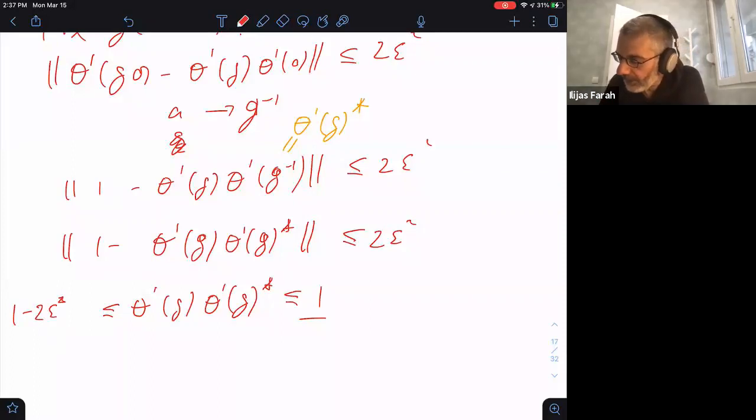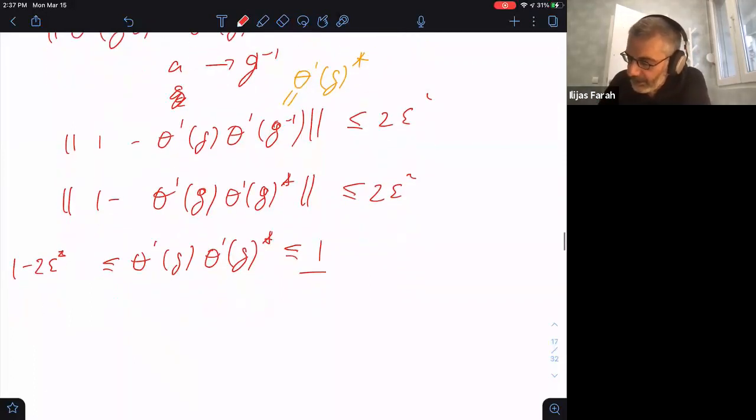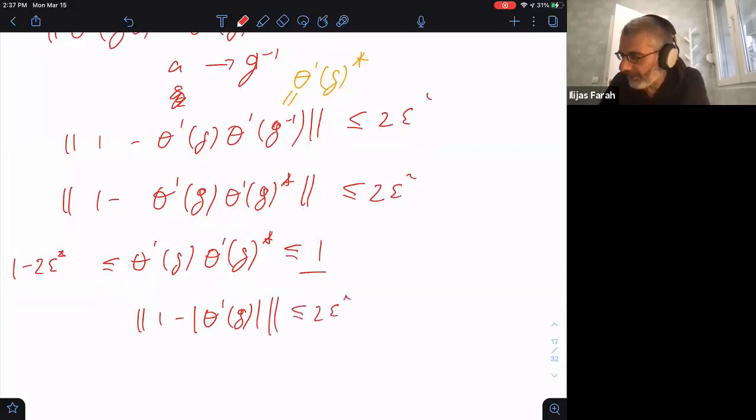Right. So what that means is that the norm of 1 minus the square root of this is at most epsilon squared, and in particular it implies that the norm of 1 minus the absolute value of theta prime of g is less or equal than epsilon squared. Well, it's actually better than that, because this is just by the spectral theorem. Basically, you can get a better estimate, but this is not about the estimates.